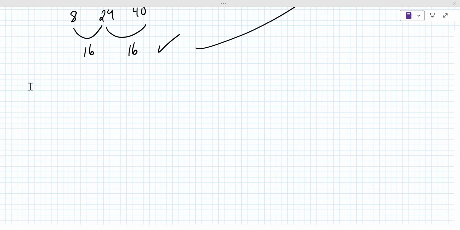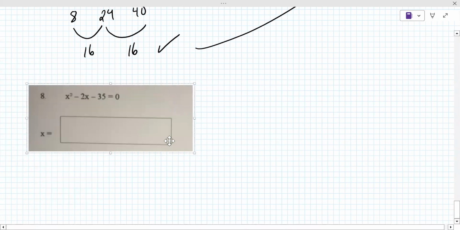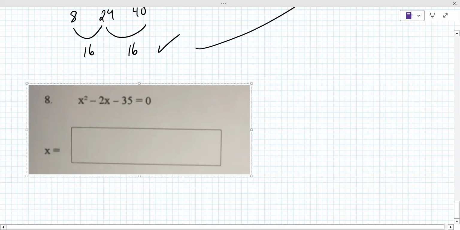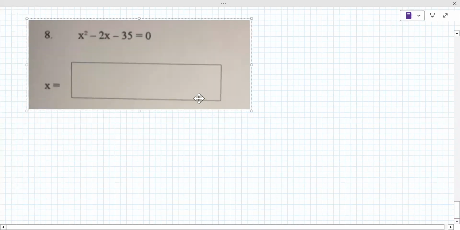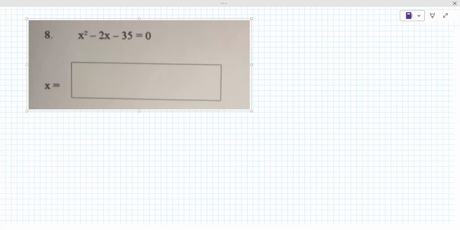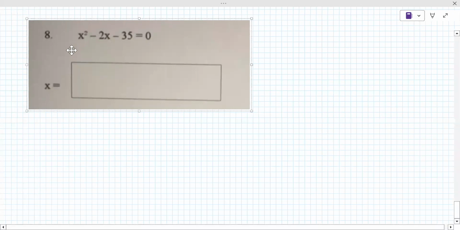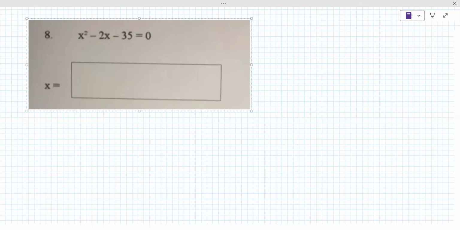Some of these might be completing the square, but this first one is not, in my opinion. I mean, it could be done by completing the square. Does it say to complete the square, or does it just say to solve by any method? It says to solve, but some of them look like the completing the square thing.